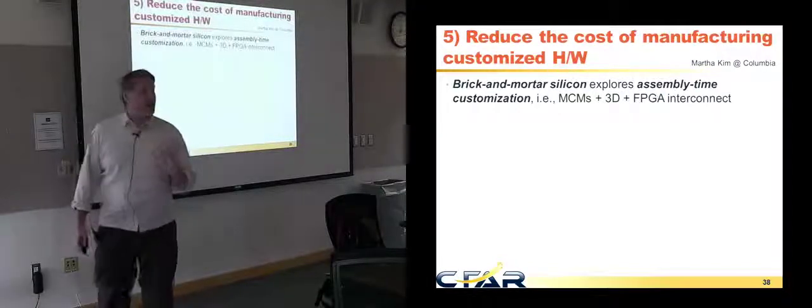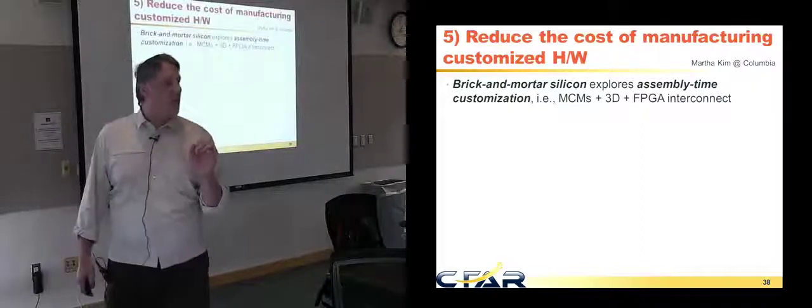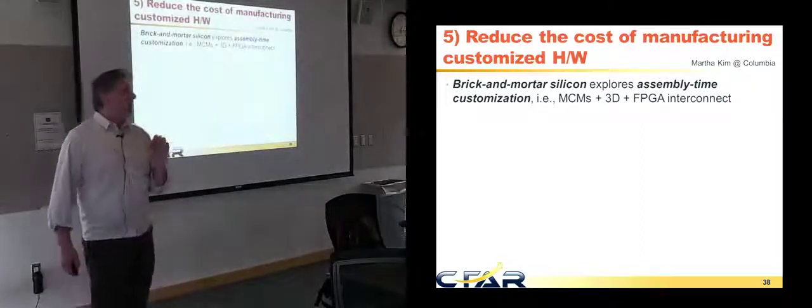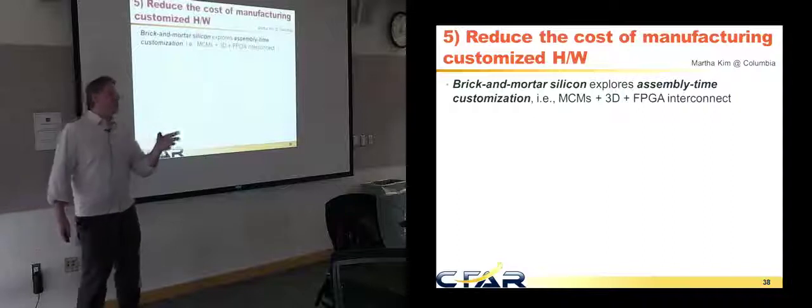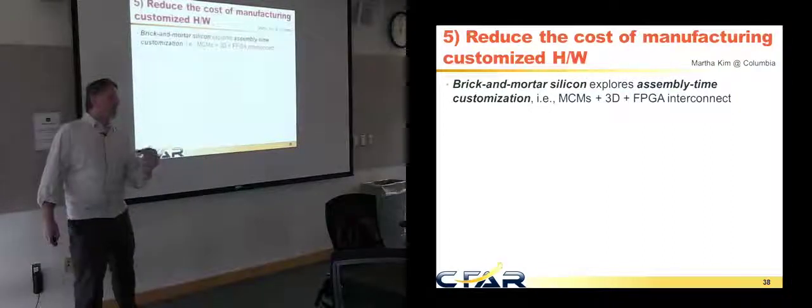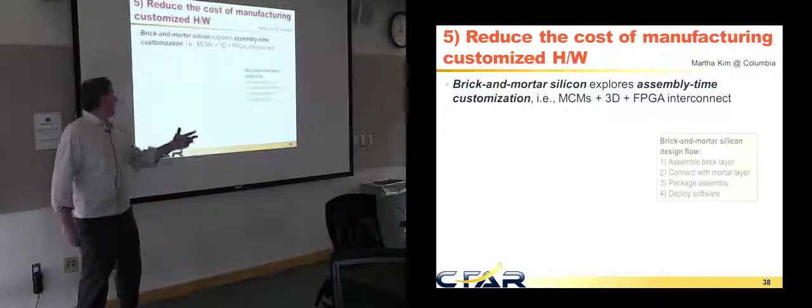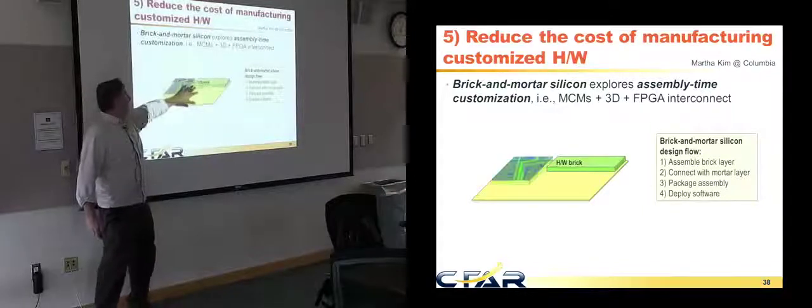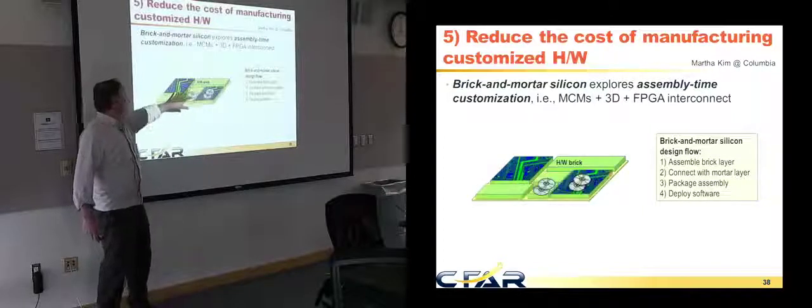Brick and mortar silicon is a form of silicon design where the way you create your design is you purchase components in silicon form, you place them on a two-dimensional surface.